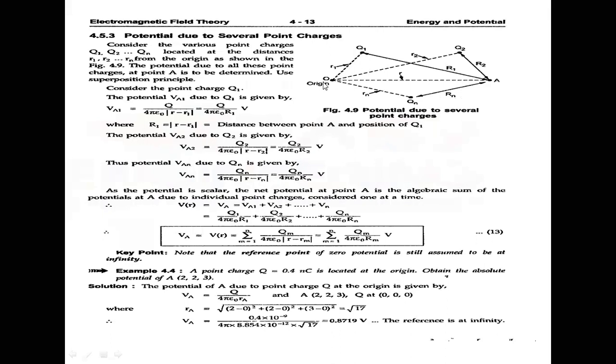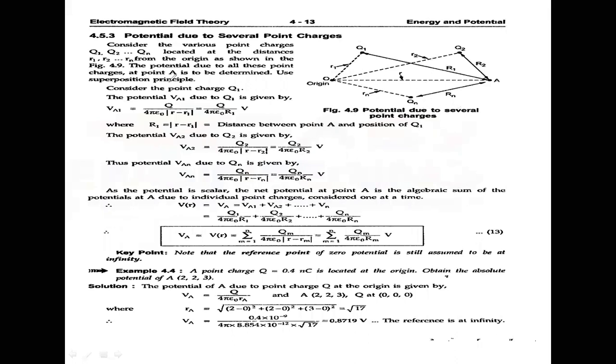The charge Q1 from the origin is at distance R1, we can consider. Charge Q2 is at R2, charge Q3 is at R3, and charge Qn is at distance Rn. But from the origin to the point A is R. The different charges have distances R1, R2, and so on.